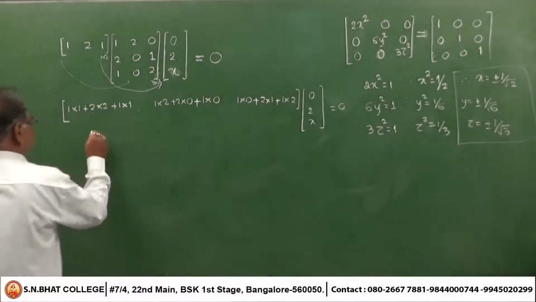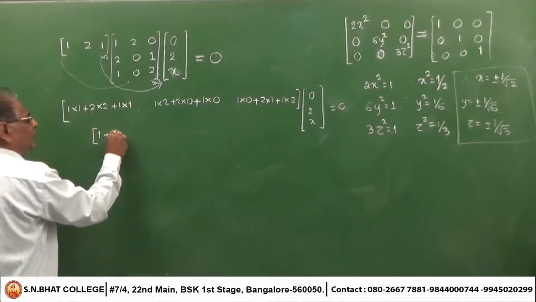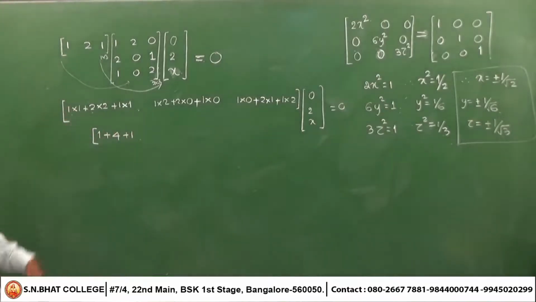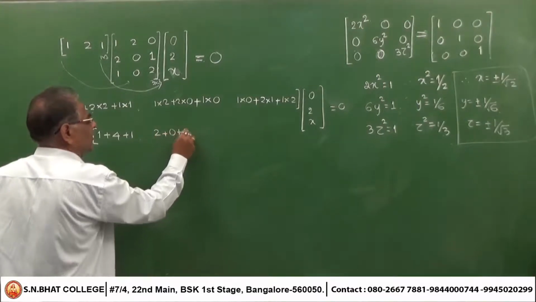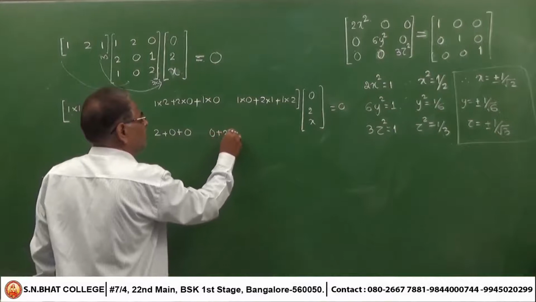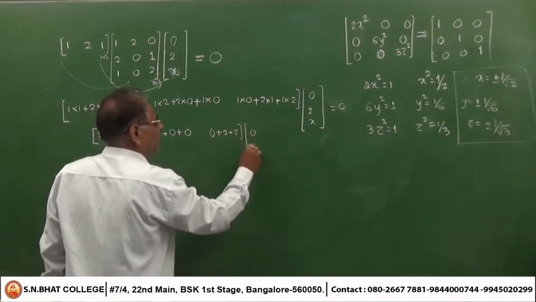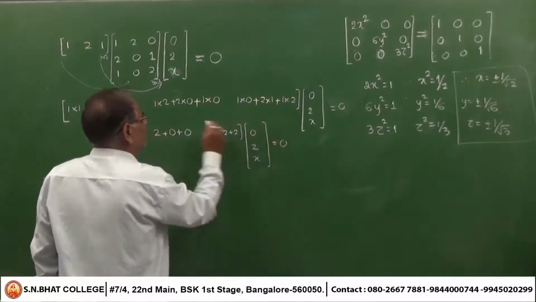Simplify the left hand side matrix. This is 1 into 1 is 1, 2 into 2 is 4 plus 1. 1 plus 4 plus 1. Next, 2 plus 0 plus 0. Next, 0 plus 2 plus 2 into 0 2 x is equal to 0.